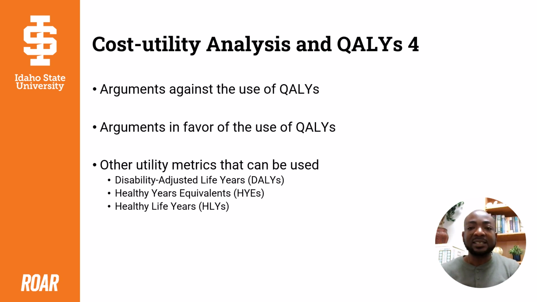Proponents argue that HYEs are more fully representative of individual preferences than QALYs, and it does this without imposing restrictive assumptions as seen with QALYs. There's also the healthy life years, HLYs, and this utility metric combines quantity with quality of life as well as productivity.